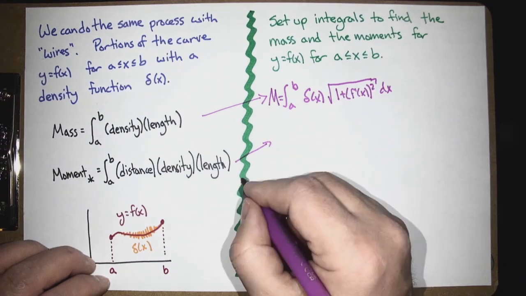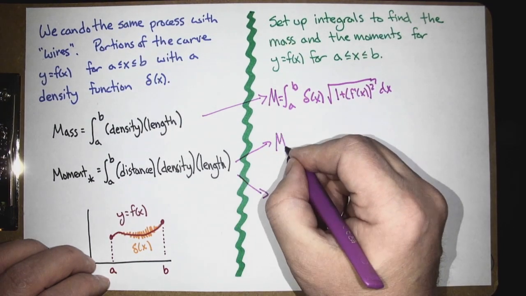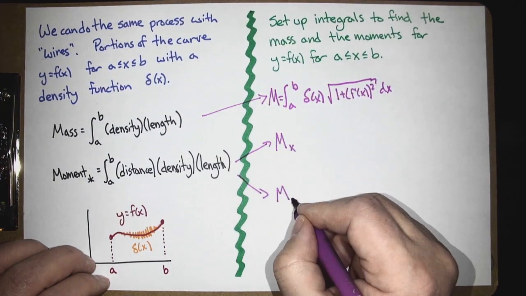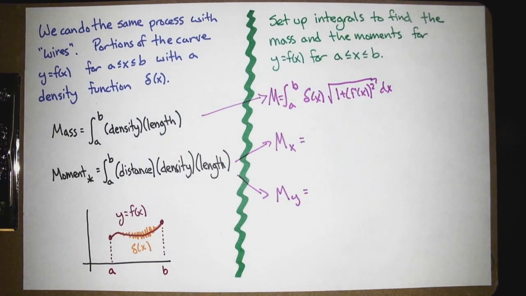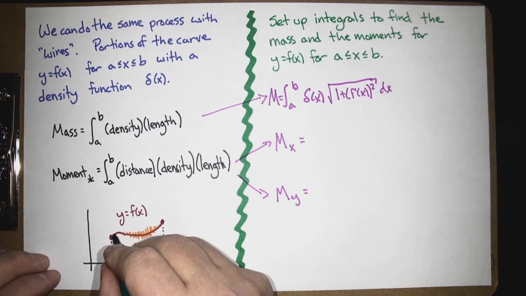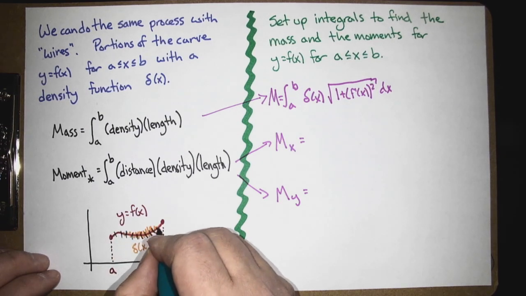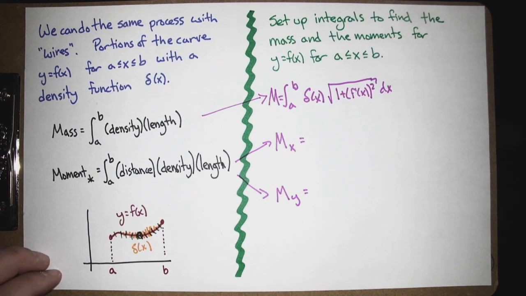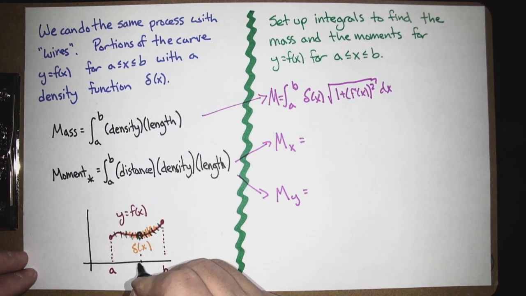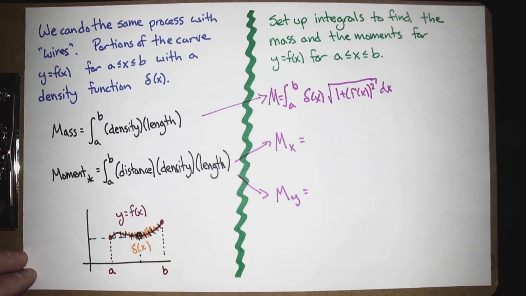There's two moments. So moment with respect to x, moment with respect to y. Which one do you want to do first? Y. All right, do moment with respect to y. So your intuition says we're chopping this up into little pieces, because that's how integration works. We have this little piece here, and now we're trying to say, where's that location? So we have the location relative to the x-axis, we have location relative to the y-axis.